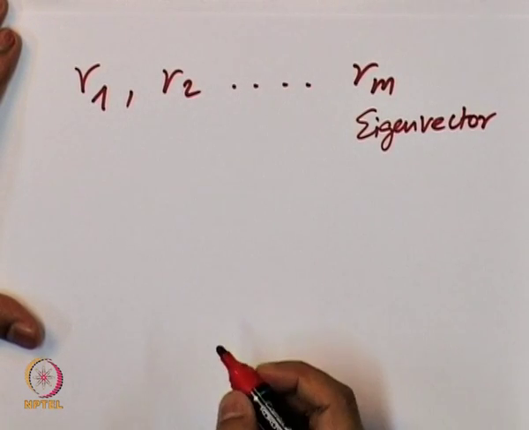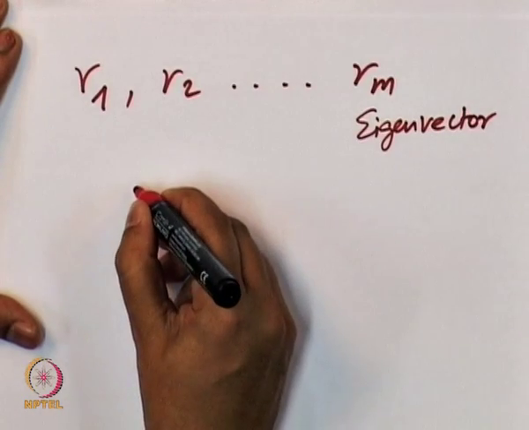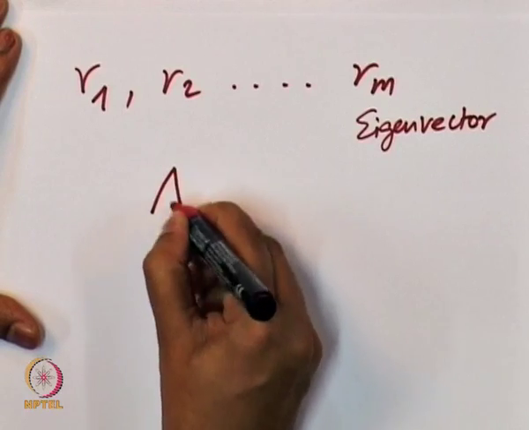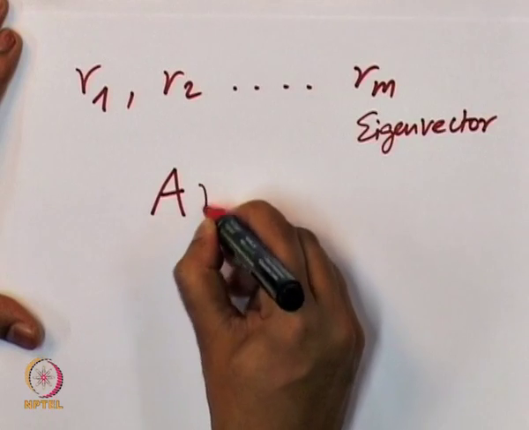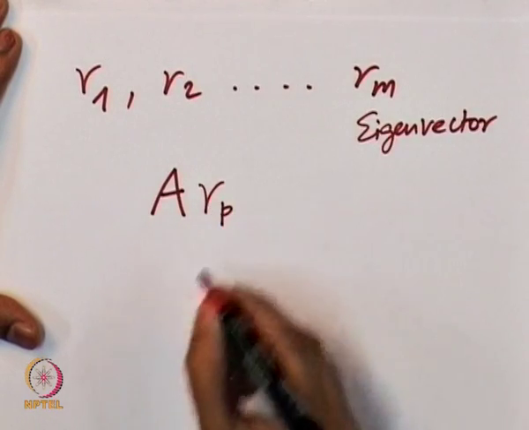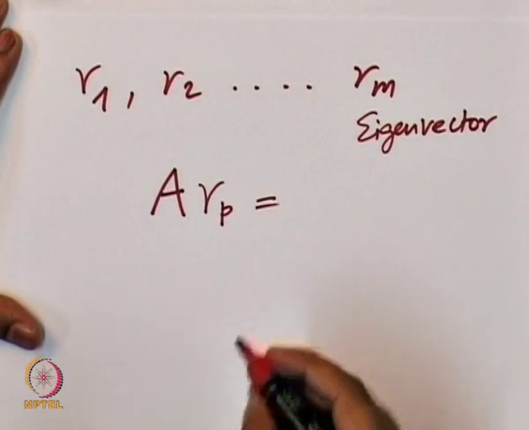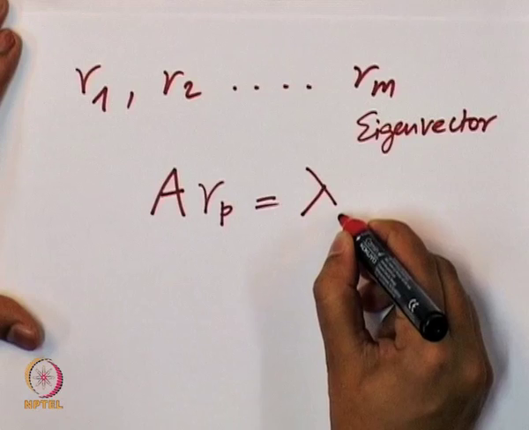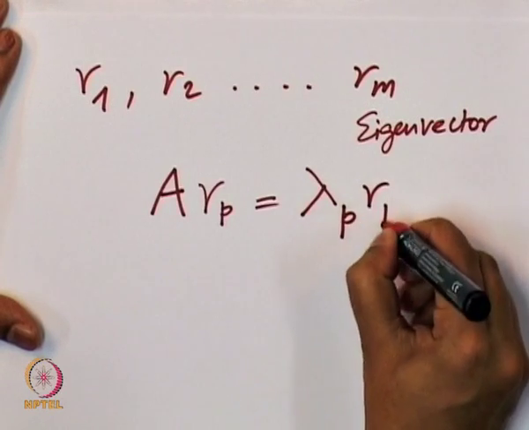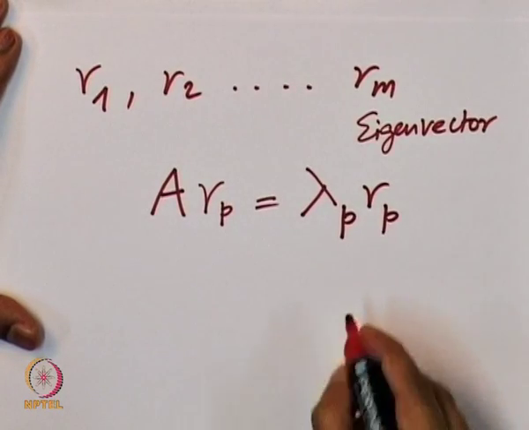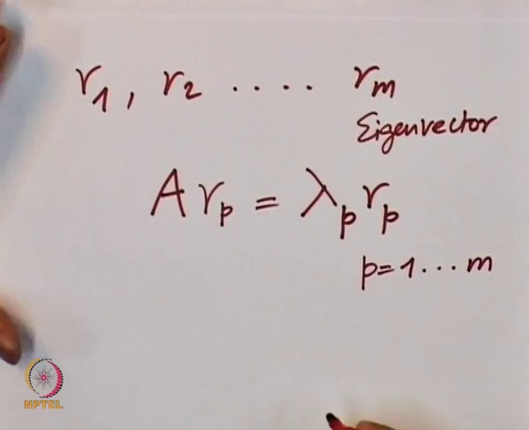The relation between an eigenvalue and an eigenvector is given by the same matrix A which we saw before: A times Rp, where Rp is the eigenvector, is equal to lambda p, the eigenvalue, times Rp, and p goes from 1 to m.